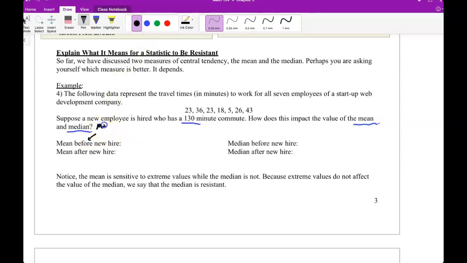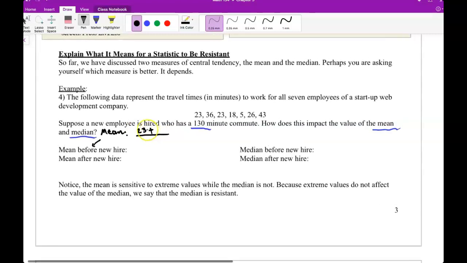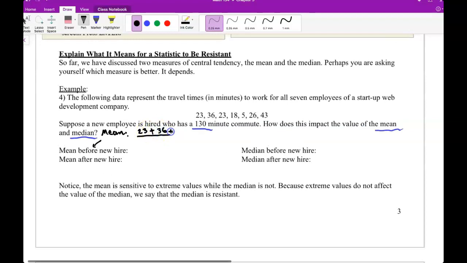Mean. We have 23. I'm adding all these numbers, divided by the number of observations, which is 7. Rounding it, the answer is 24.9. So that is our mean.